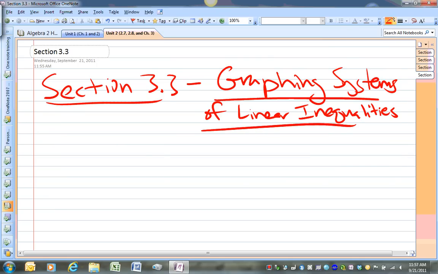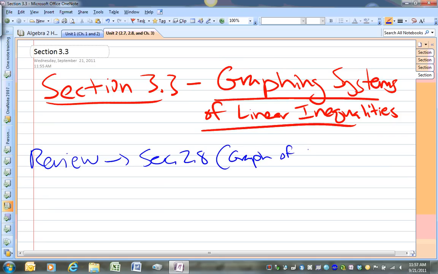So in 2.8, just a quick review. In section 2.8, we just did a graph of one linear inequality.